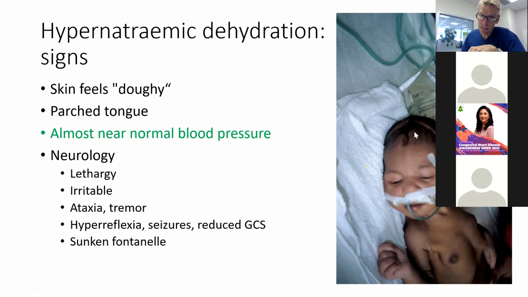And so you can see just how sunken this child's fontanelle is, and you can see that there looks like some ridges there where the coronal suture is. And that's because the child's brain is very shrunken and the sutures then overlap, right?